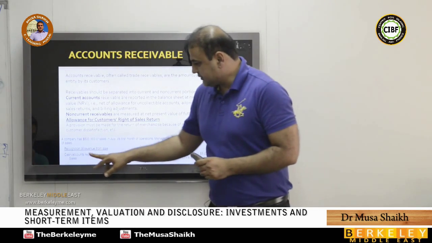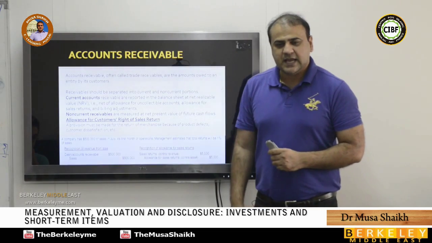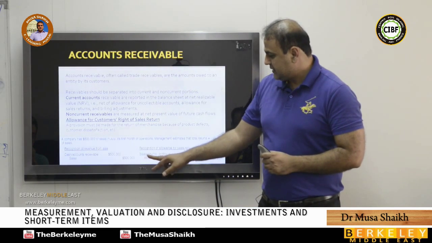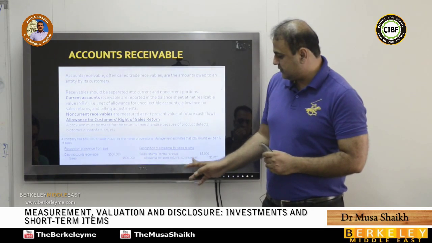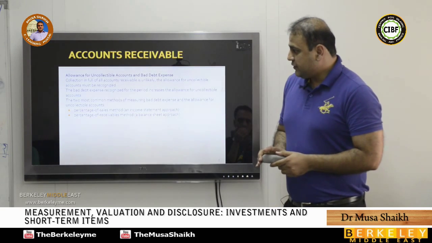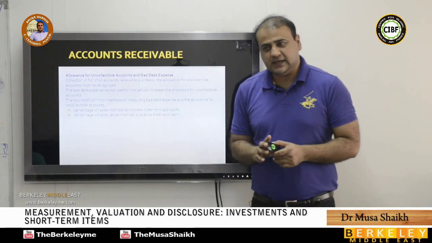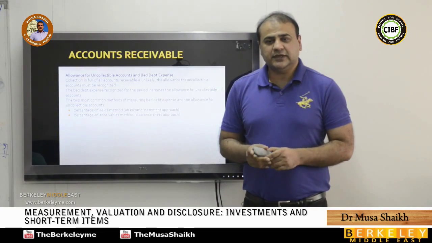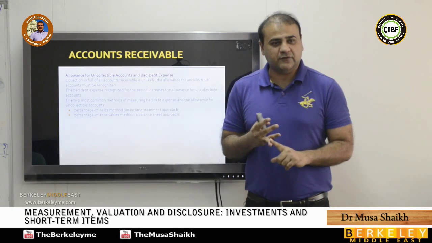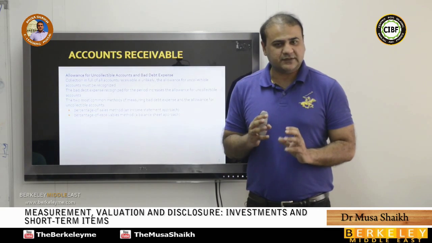So first of all, we recognize the revenue. As I told you, accounts receivable will be debited and sales will be credited. When the sale is returned, allowance for sales return will be credited. Moving forward, he says how to put the allowance for uncollectible accounts and bad debts expense. When we sell on credit, it depends on our credit policy, our follow-up and collection efforts.